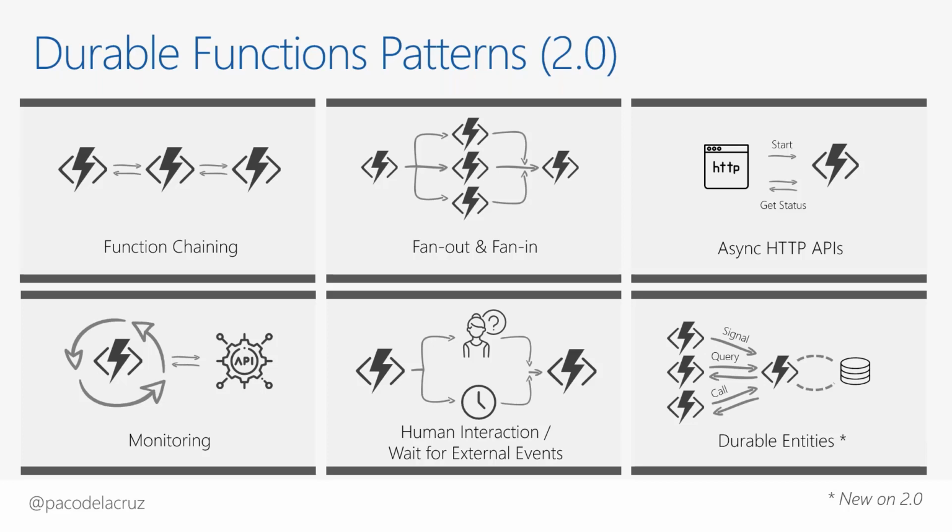Orchestrations can query the state of your durable entity, any other function can get the state of your durable entity, and orchestrators can call your durable entity. So if you need something to be request response, you need to do it through an orchestrator function.